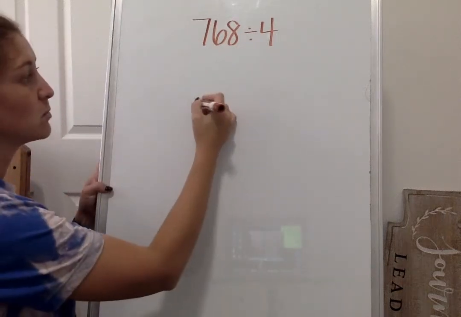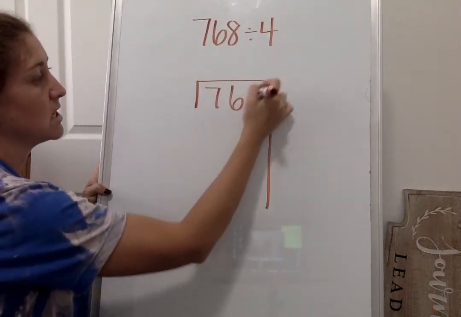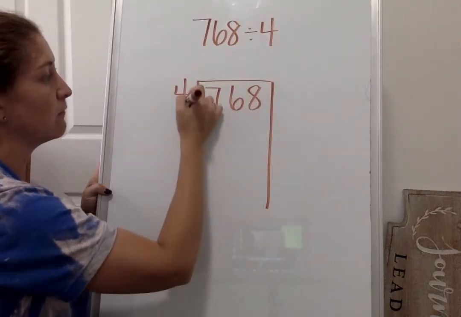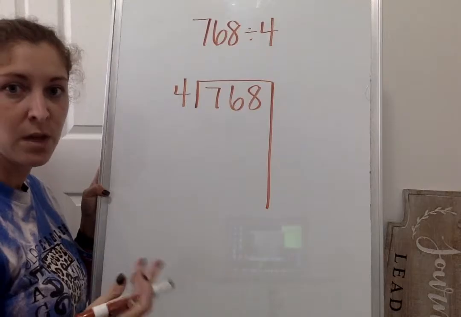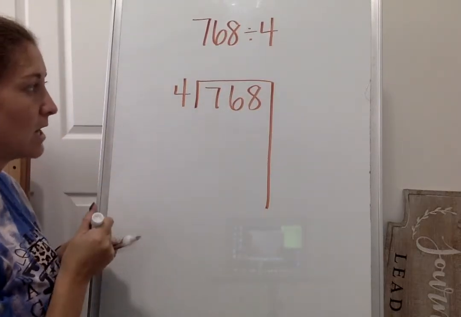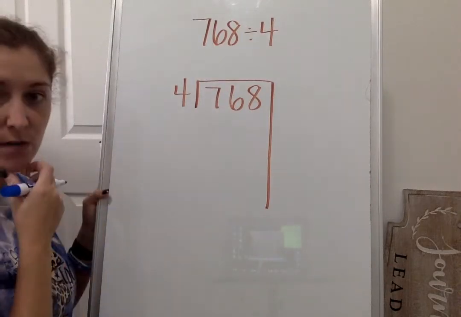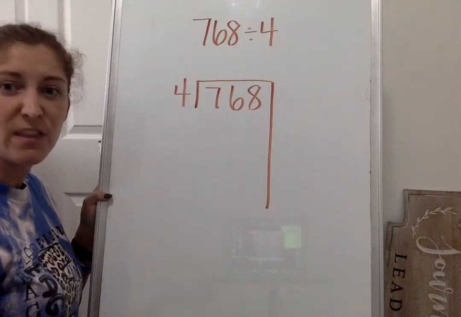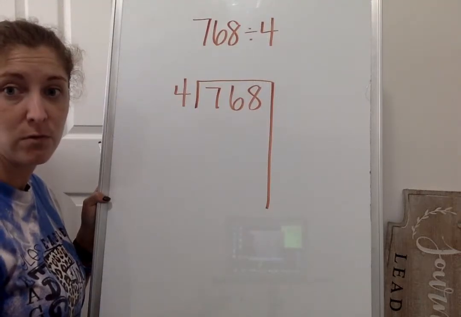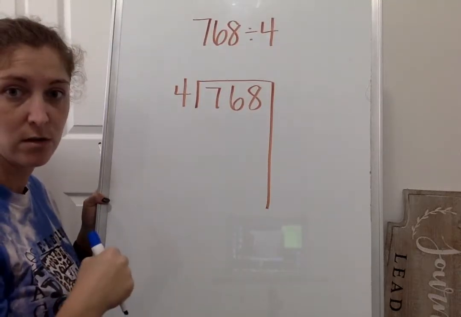When I set this problem up for the Big 7, you will have 768 on the inside and 4 on the outside. I need to figure out what I can multiply 4 by in order to get close to 700. 4 times 10 is 40, so I can get a lot closer to 700.